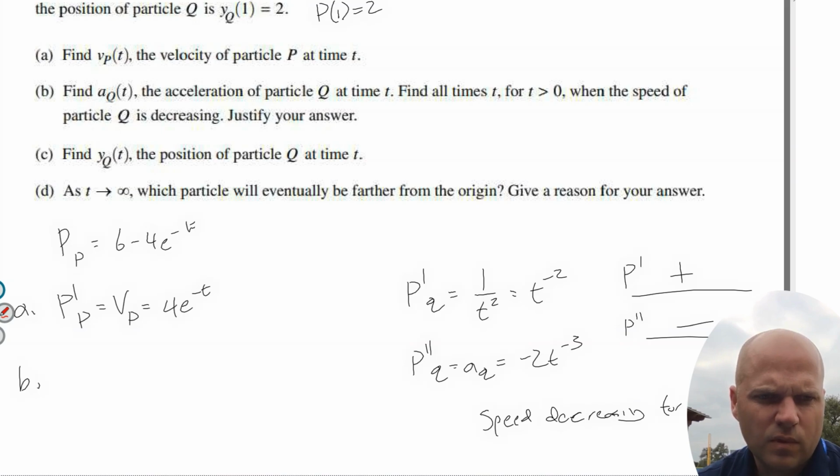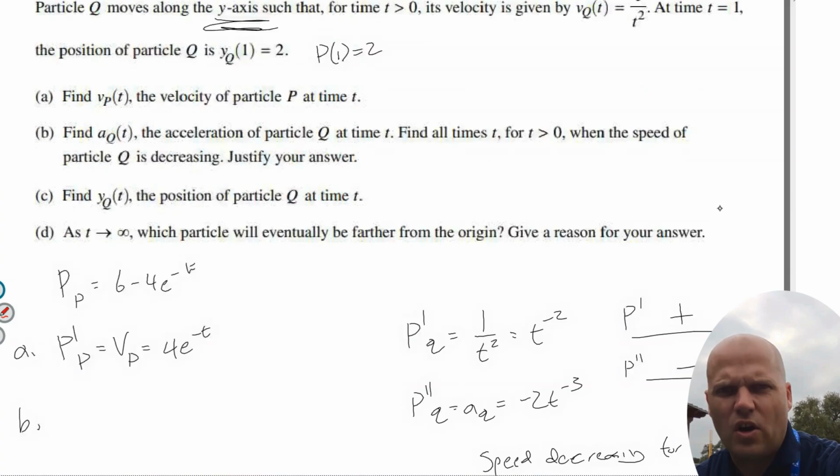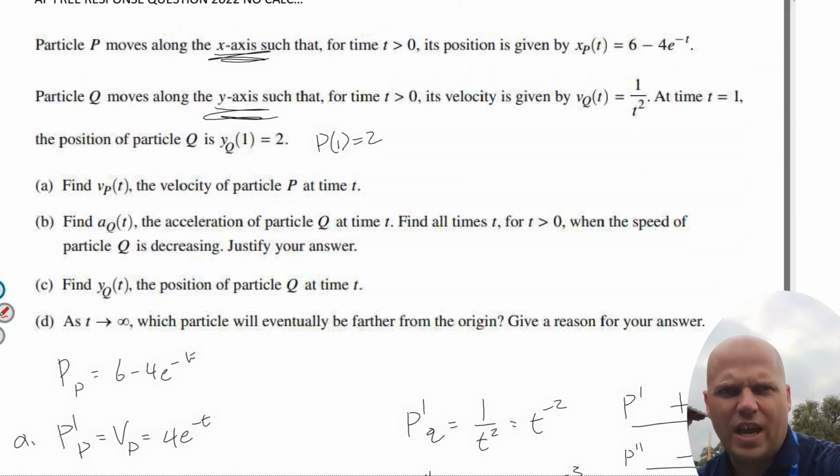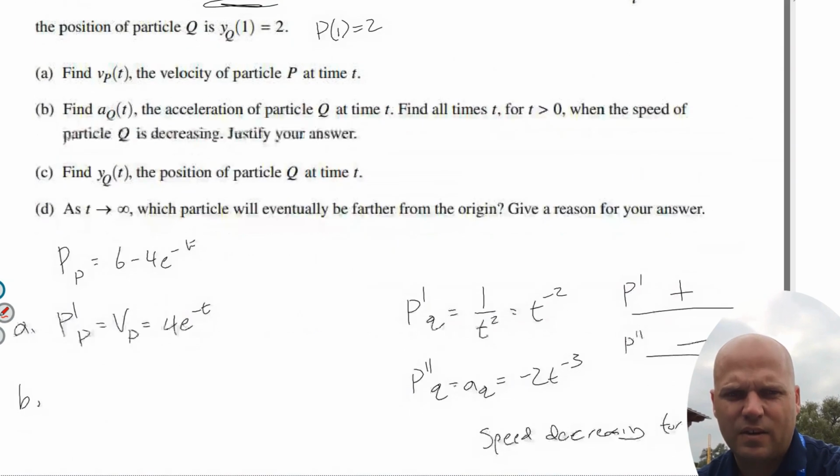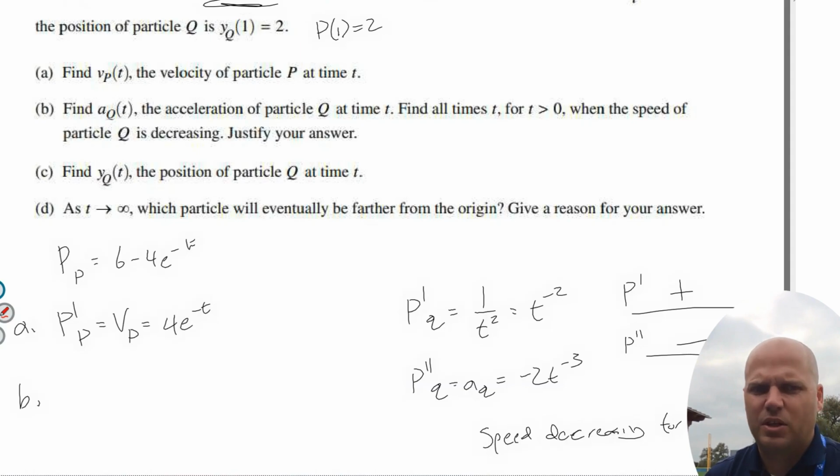All t greater than 0. There's no c's involved. We just have t to the negative second, which is always positive. We have negative 2t cubed, which for t greater than 0 is always negative. So speed is always decreasing. Interesting.